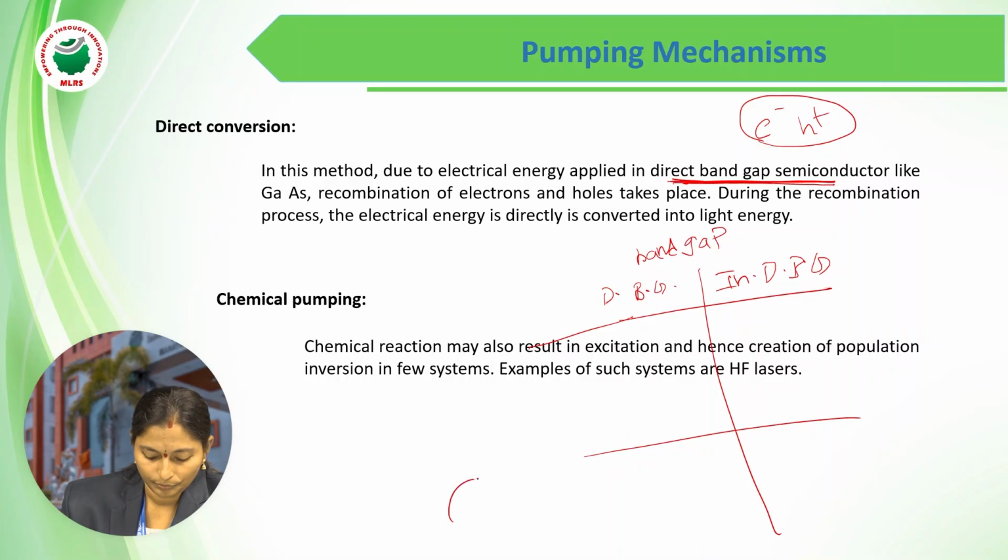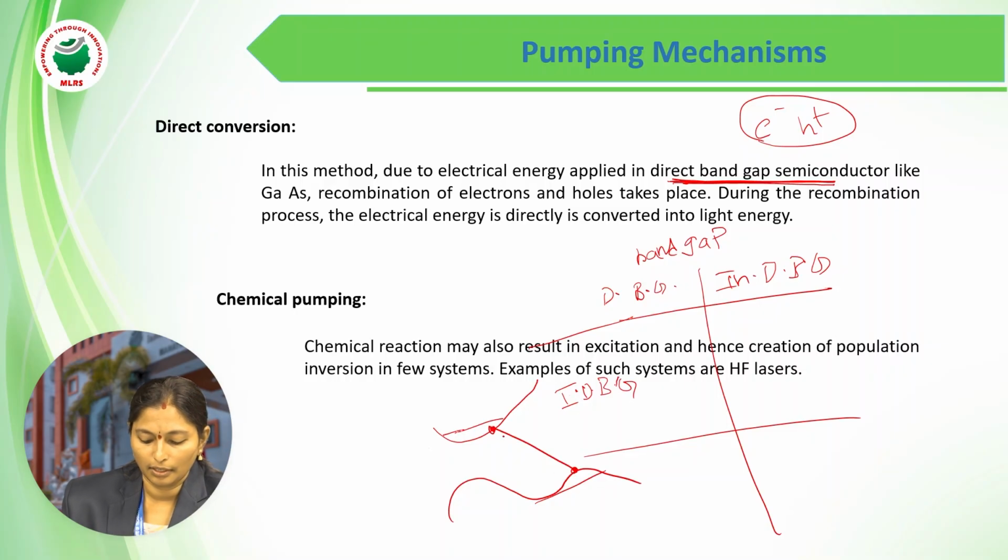If you see here, this is the valence band maximum, this is the conduction band minimum, and this is the indirect band gap. The valence band maximum and the conduction band minimum do not occur at the same k values, and in order to conserve momentum, we need extra energy.